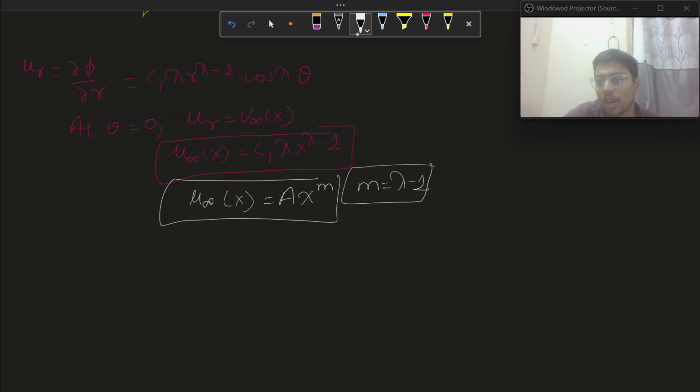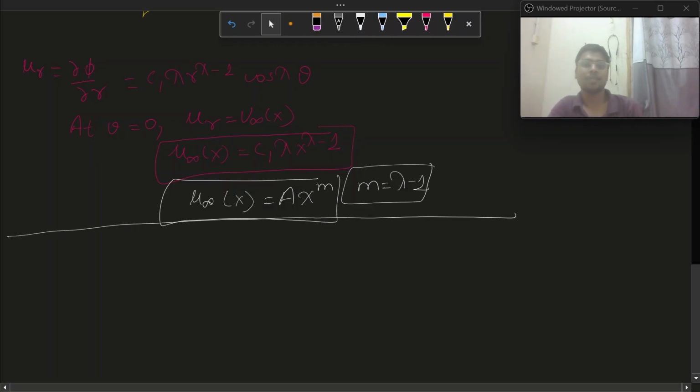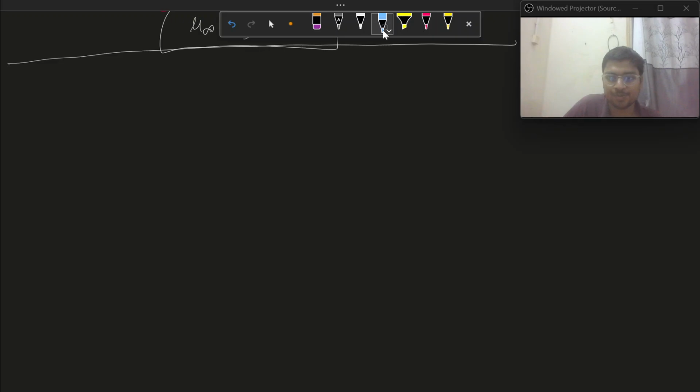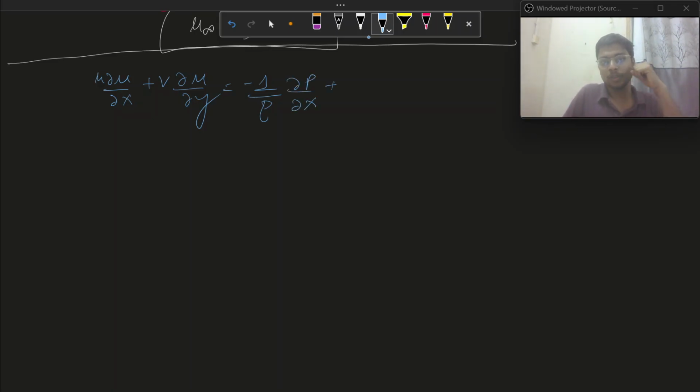Now again, we have the boundary layer equations as what? u ∂u/∂x plus v ∂u/∂y equal to minus 1 by ρ ∂p/∂x plus ν ∂²u/∂y².